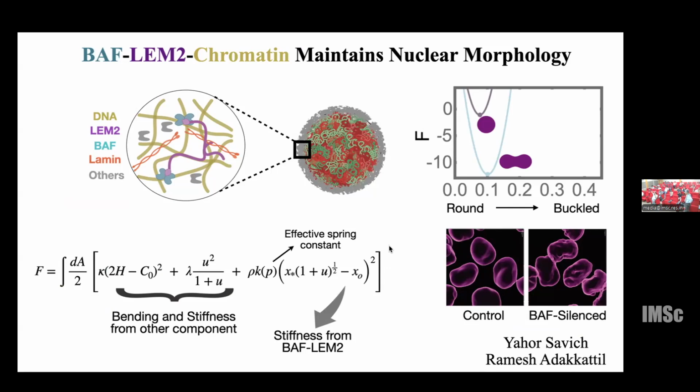Say that I change BAF or LEM concentration in the cell somehow, with RNAi or something. Yes, and currently that's what we are doing. We have quantified the amount of BAF and LEM2 inside the cell.